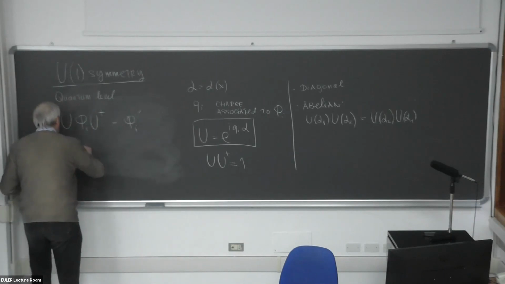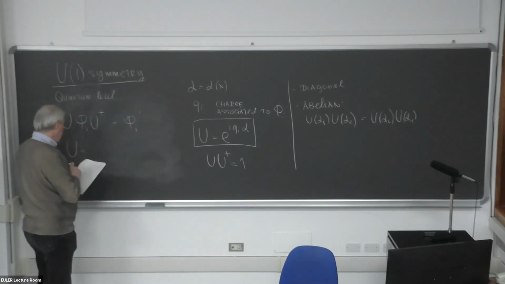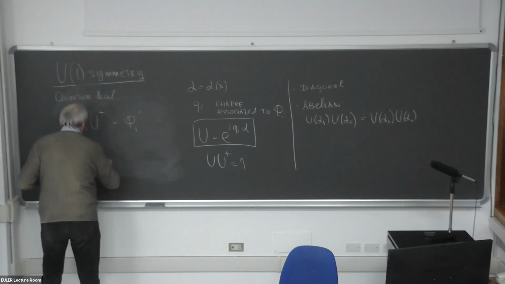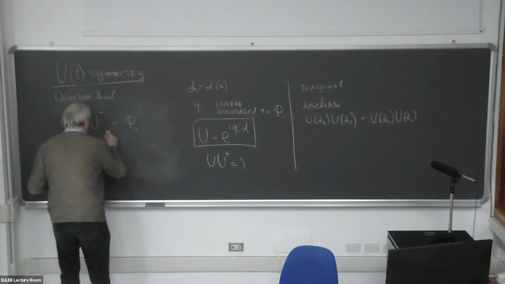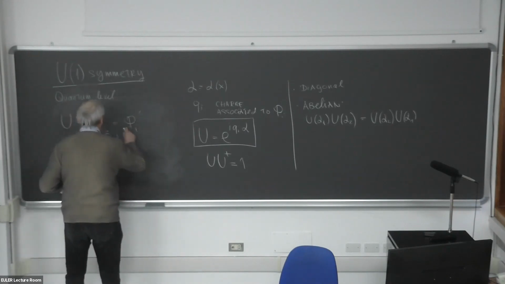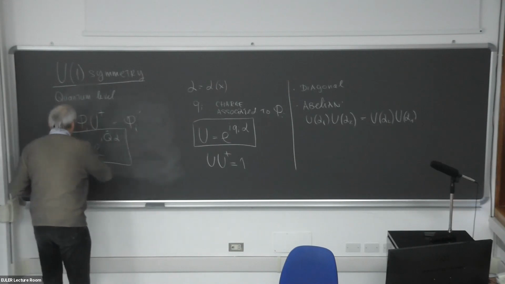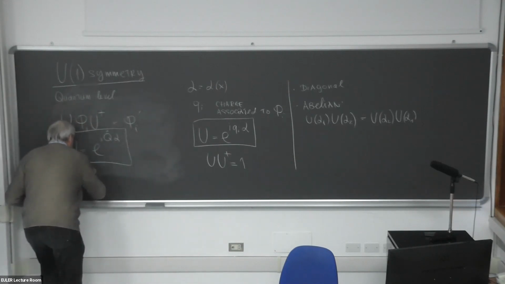Now at quantum level, U becomes an operator, and we can write it as e^{i Q α}, where Q is the operator of charge.